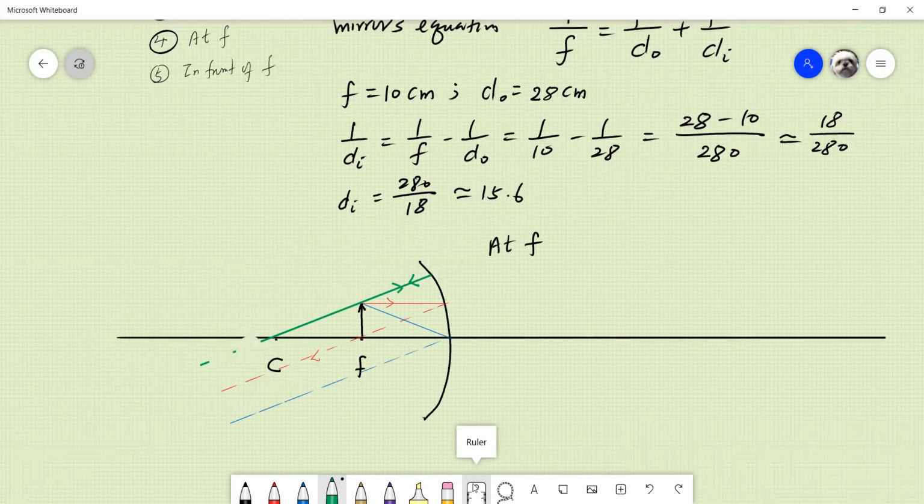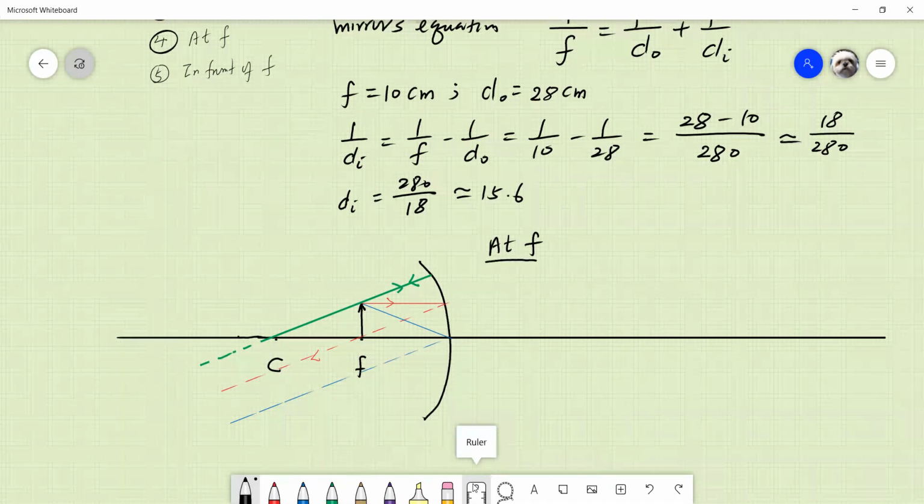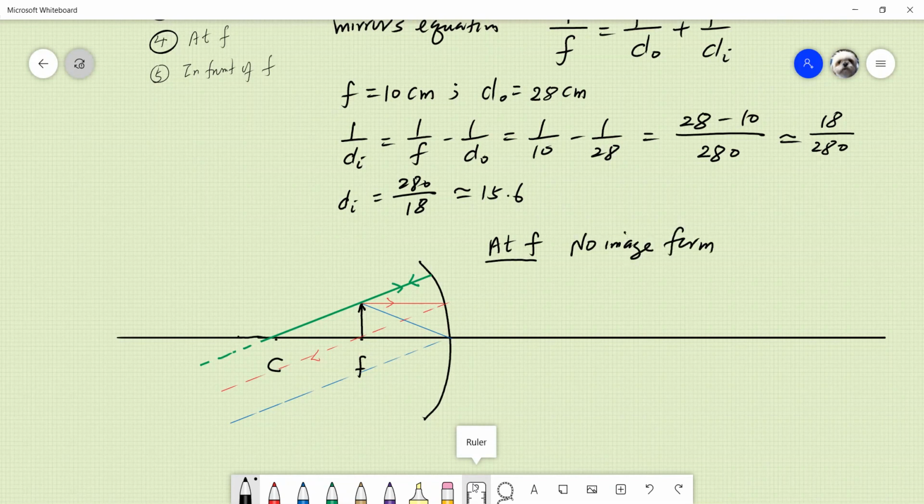No, they're all parallel. I'm drawing very nicely, right? They all look parallel. So therefore, if you have an object sitting on the focal point of a concave mirror, then no image forms, because the light rays are parallel and never cross.